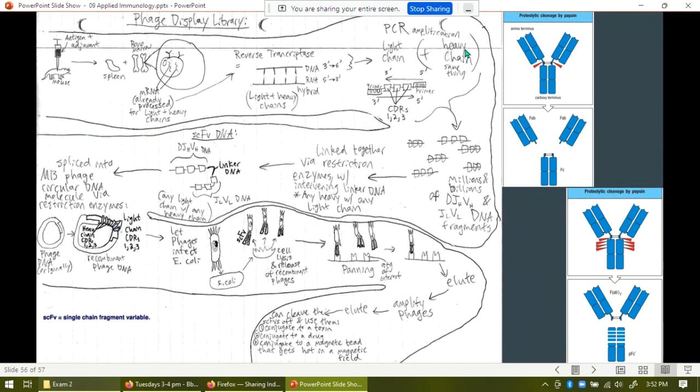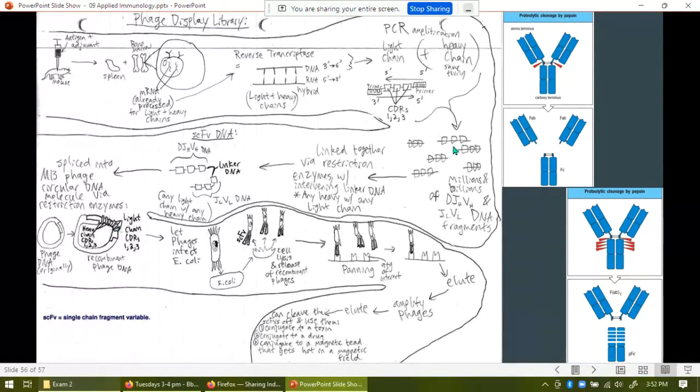So after PCR amplification, in the PCR, you actually have a primer that flanks your variable region of your light and heavy chain, and you have a primer that flanks it the other way. And then you've now amplified the light chain variable region and the heavy chain variable region, so you have a bunch of different molecules that are specific for a bunch of different things, but you only have the heavy and light chain at this point, and they're separated.